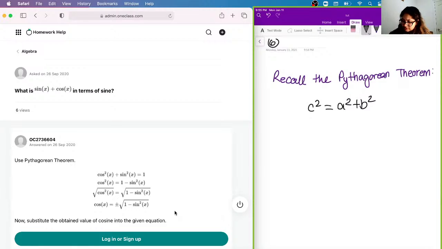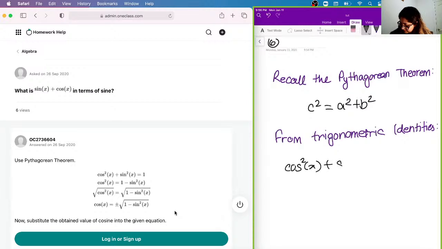And from our trigonometric identities, let's recall that cos squared x plus sine squared x is equal to 1, right?